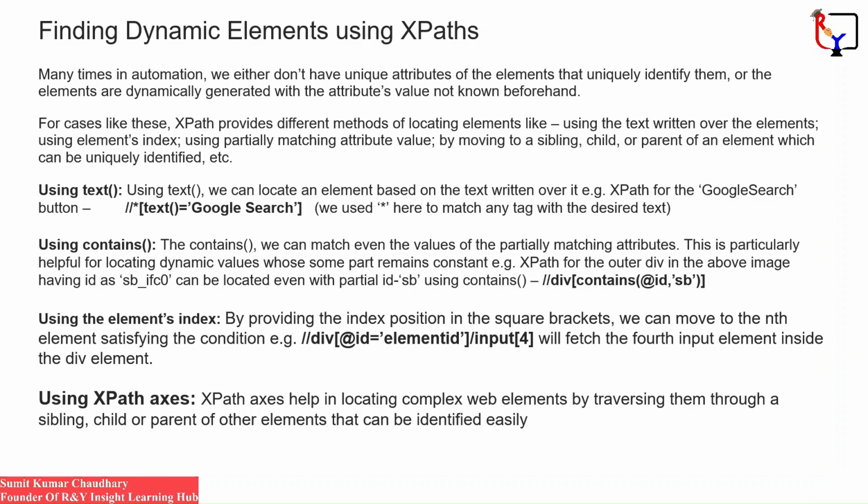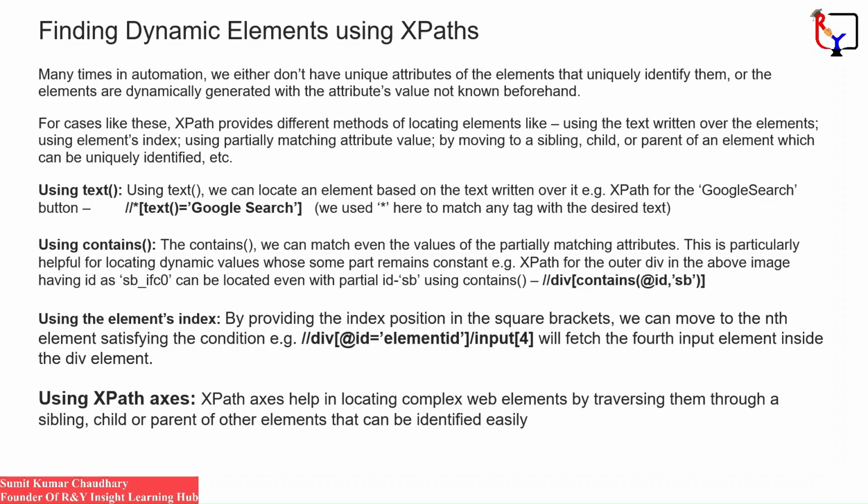For cases like these, XPath provides different methods of locating elements, like using the text written over the element, using partially matching attribute values, or moving to a sibling, child or parent of an element which can be uniquely identified, etc.